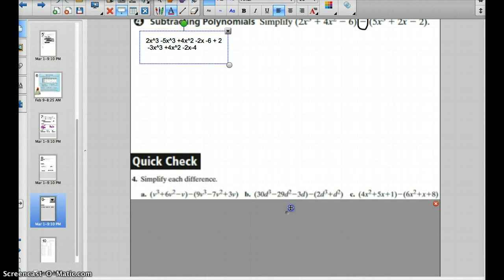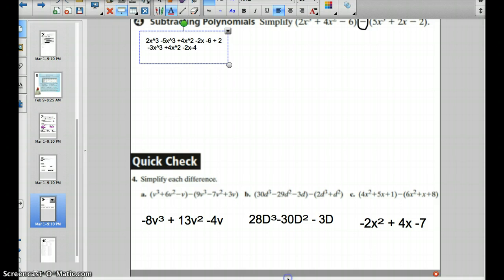That's going to be where most of the errors are going to happen here. So let's look at 4a, where the result is going to be negative 8v to the third plus 13v squared minus 4v. And again, we've got a trinomial here. It's a third degree or cubic trinomial. In b, we've got 28d to the third minus 30d squared minus 3d.